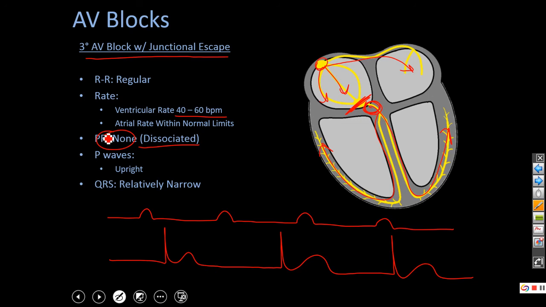You have two rhythms that are pacing completely independently of one another. And you still have upright P waves. QRS is relatively narrow because when it occurs from above that fork, it travels down both sides of the ventricles at the same time, and it produces a rapid and even depolarization.